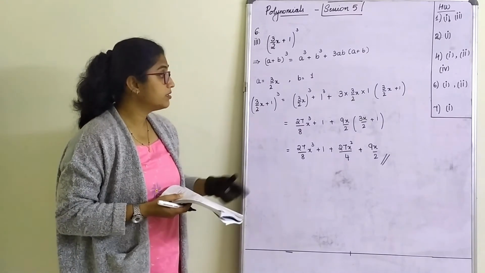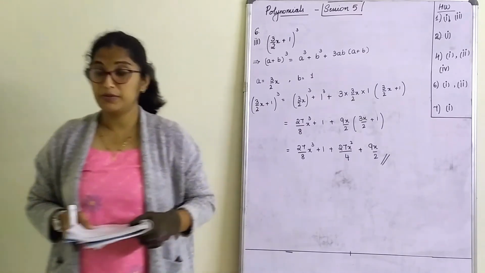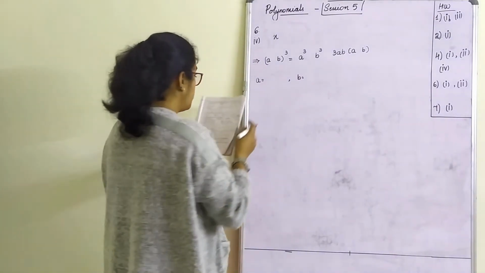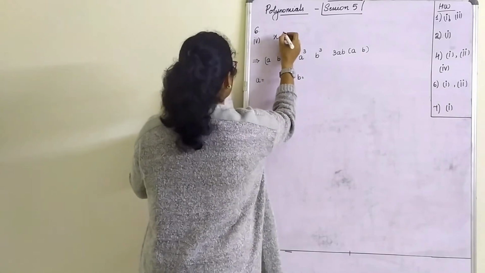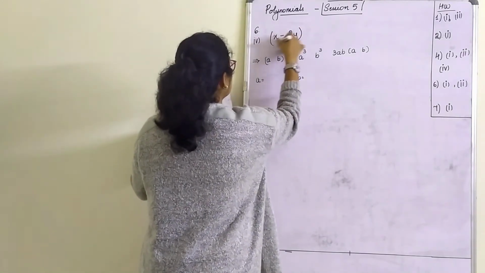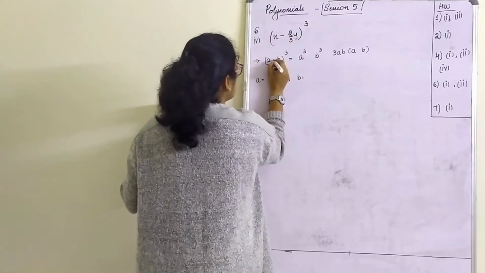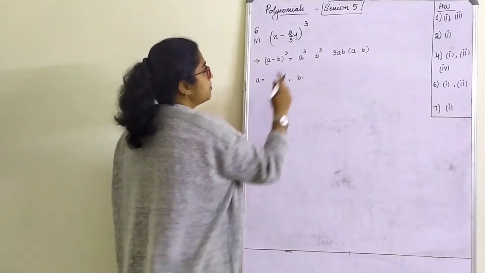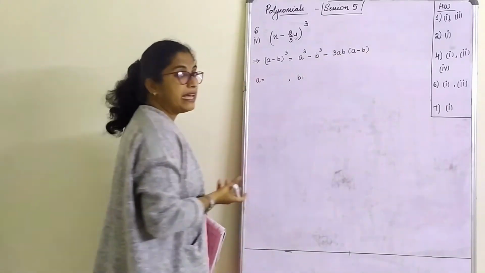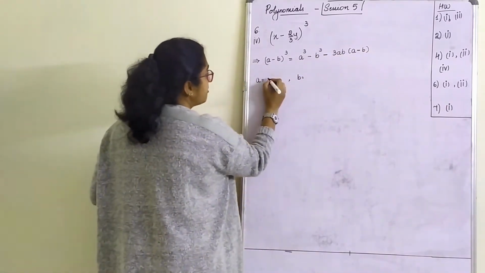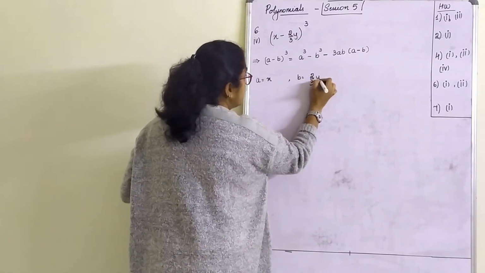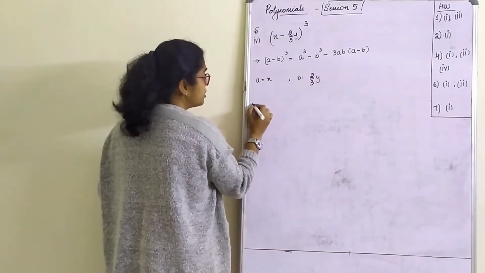So next one, you can copy it down. The next one, 6th and 4th one, x minus 2 by 3y the whole cube. So this is of the form a minus b whole cube, a cube minus b cube minus 3ab of a minus b. So what is your a term? X. What is your b term? 2 by 3y. Let's substitute.